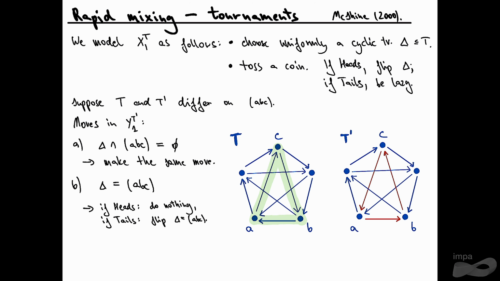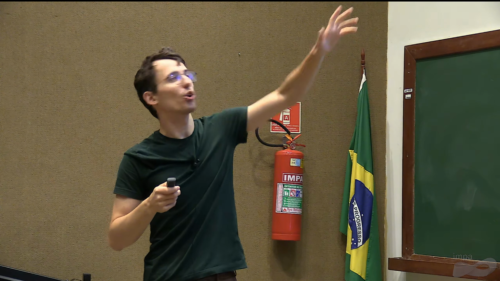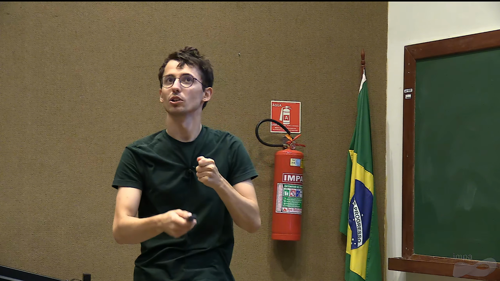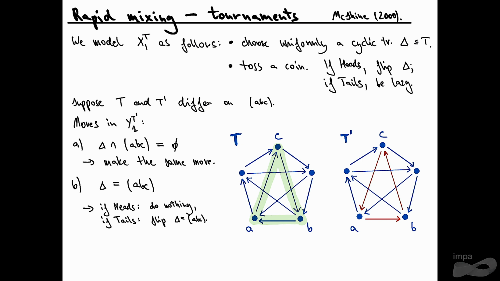Now if you sample ABC, this is actually very fortunate for us, because then from T you just go to T prime. If you sample ABC in T, and the coin decides that you make a move, then you will be lazy in T prime, and vice versa. So in this case, they will always coalesce.